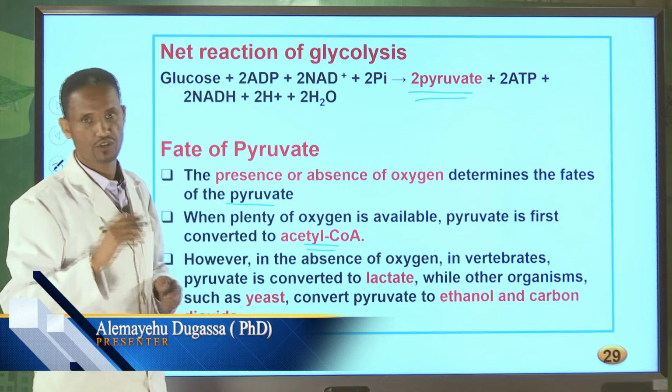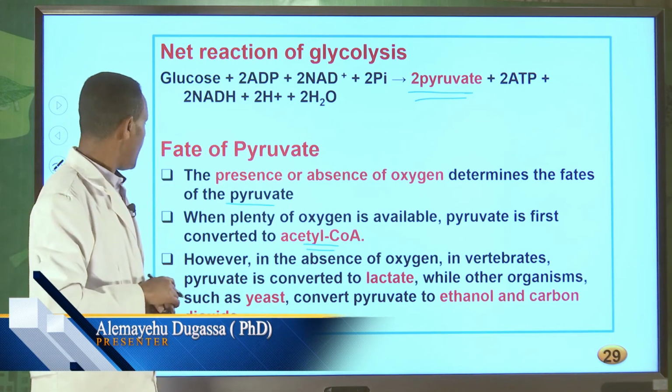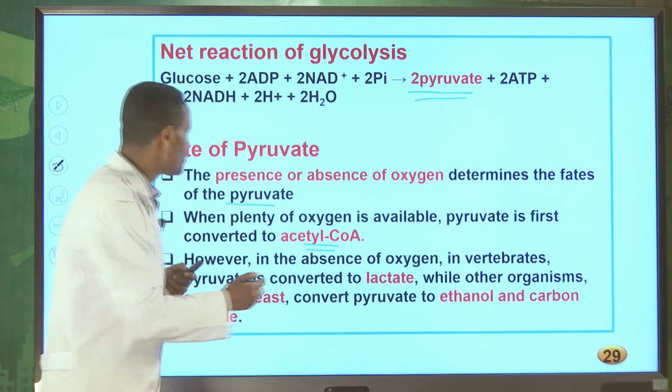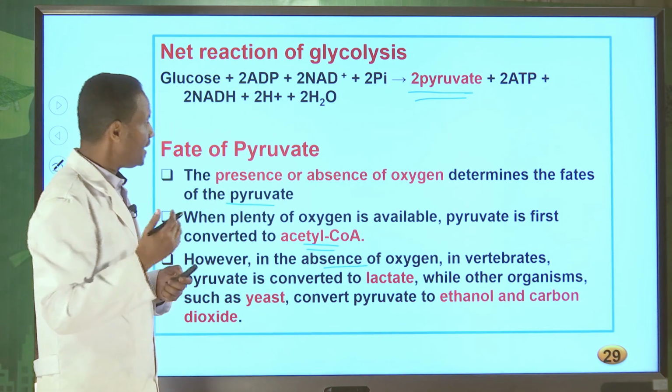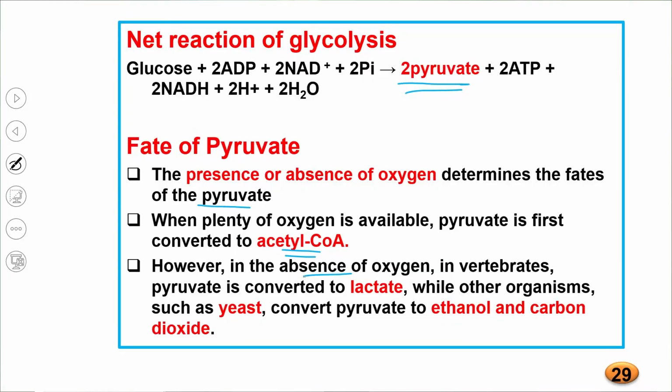However, in the absence of oxygen, in vertebrates, pyruvate is converted into lactate or lactic acid. Whereas in yeast or other microorganisms, pyruvate can be converted into ethanol and carbon dioxide. You know that ethanol is alcohol.